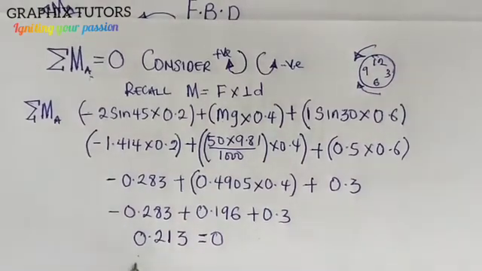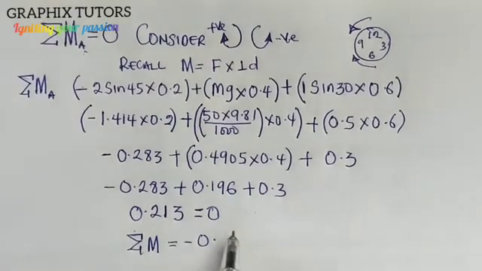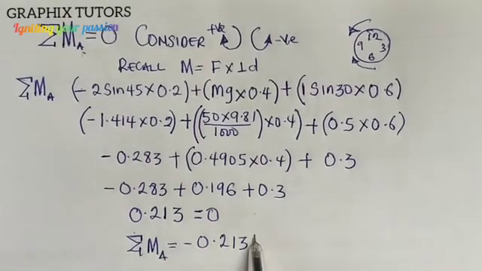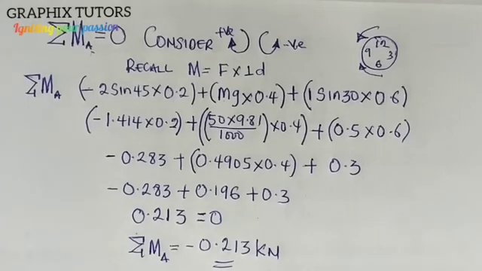So from here, if it's coming to the other side of the equal sign, my moment will be giving us minus 0.213. So it is minus 0.213 kilonewton. Is that clear? Now that is not the end.